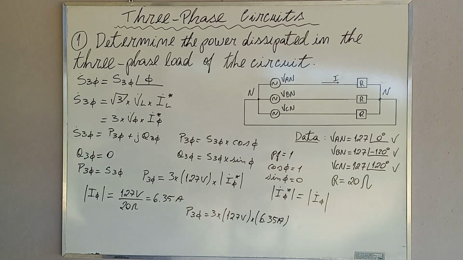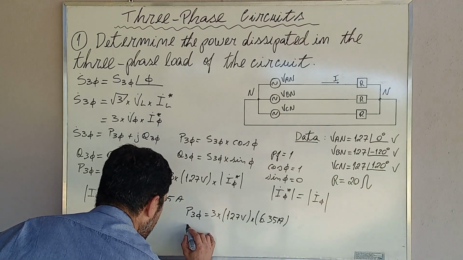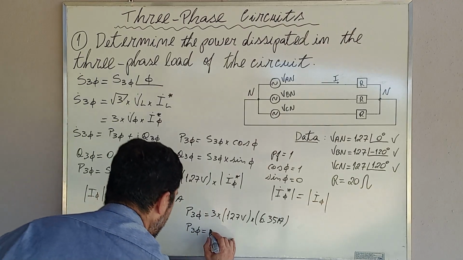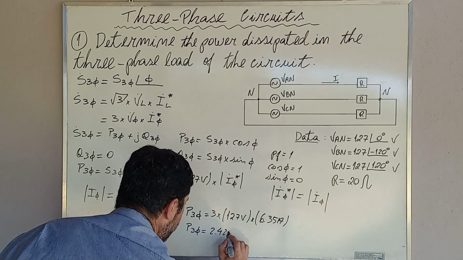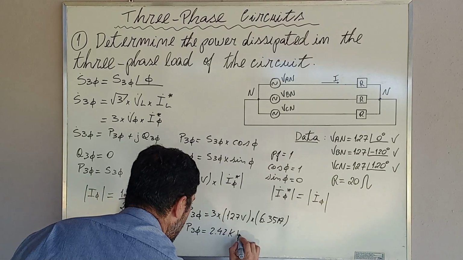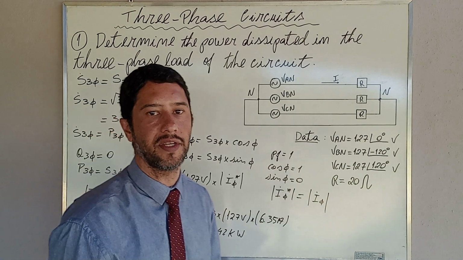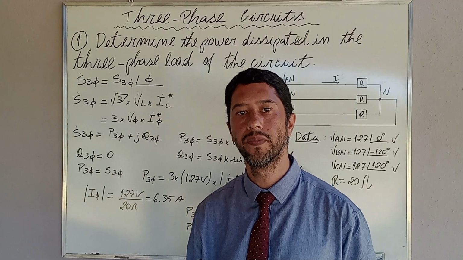And we find, therefore, P three-phase equal to 2.42 kilowatts. Thus, we discovered that the real power dissipated in the three-phase load is 2.42 kilowatts. And this is all for the debate of exercise number 1.